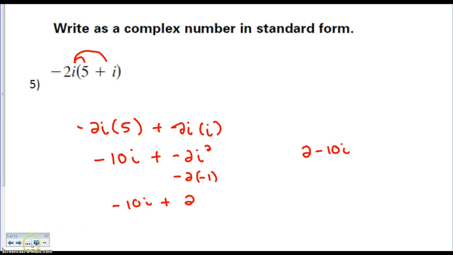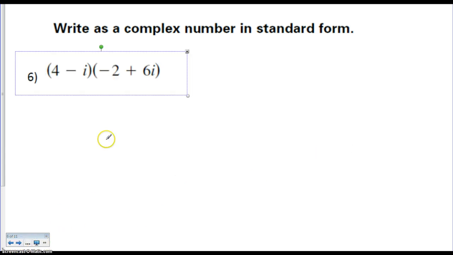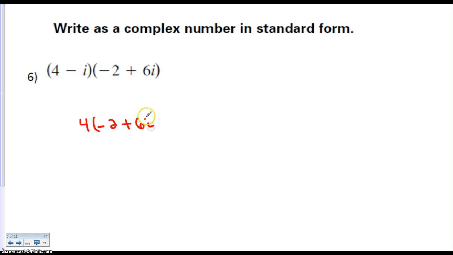So let's look at another one. I have to take the 4 and distribute it through the negative 2 plus 6i, and then I have to take the negative i and distribute it through negative 2 plus 6i. So 4 times negative 2 is negative 8. 4 times 6i is 24i.